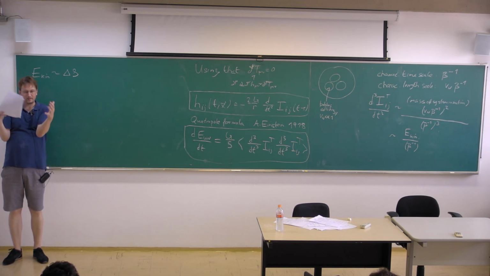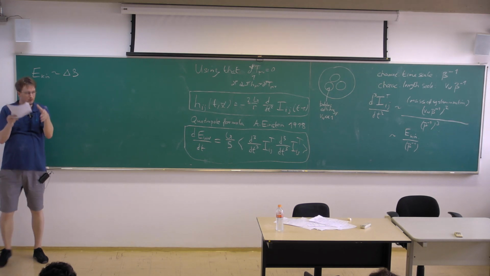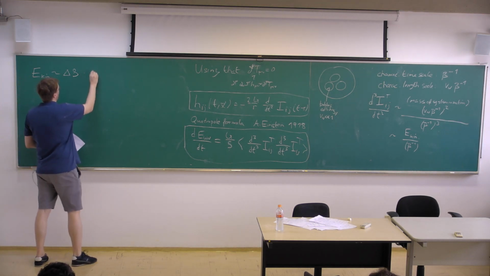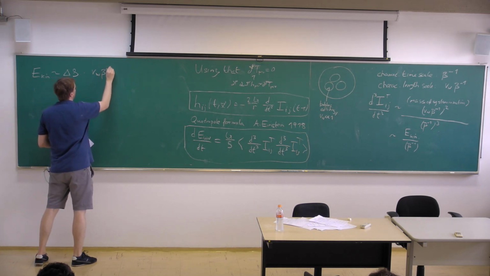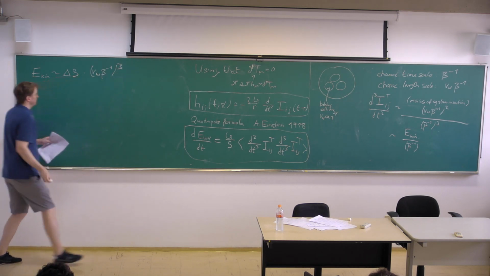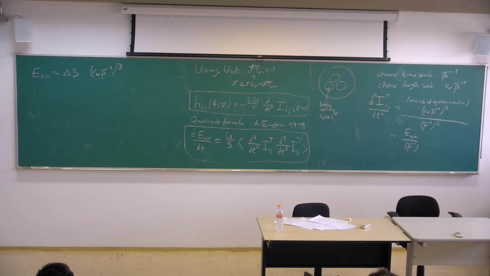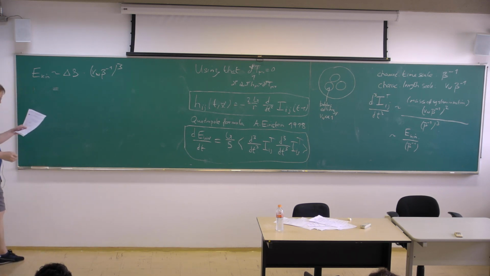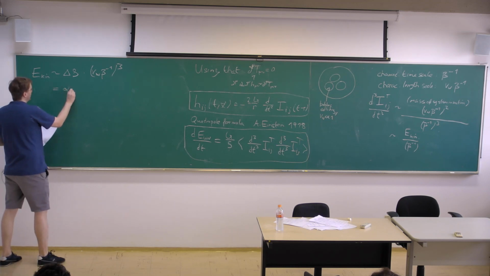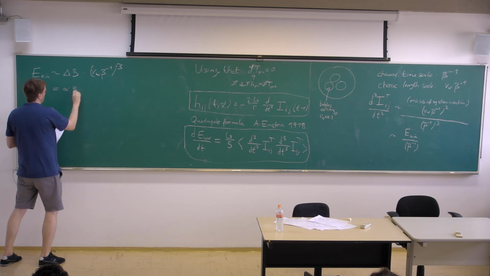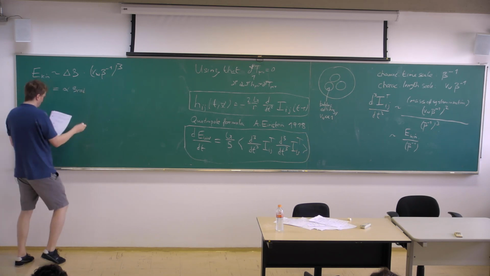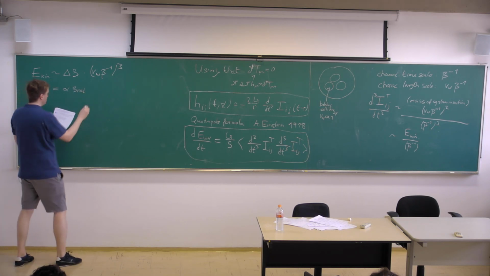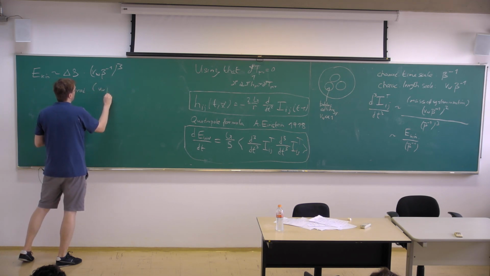Inside the bubble I have released this energy density, outside not, so I should multiply this by the bubble volume. And it's convenient to rewrite this using the definition of alpha. Remember alpha was delta rho over rho rad, the radiation energy density at the nucleation temperature. I just rewrite this.